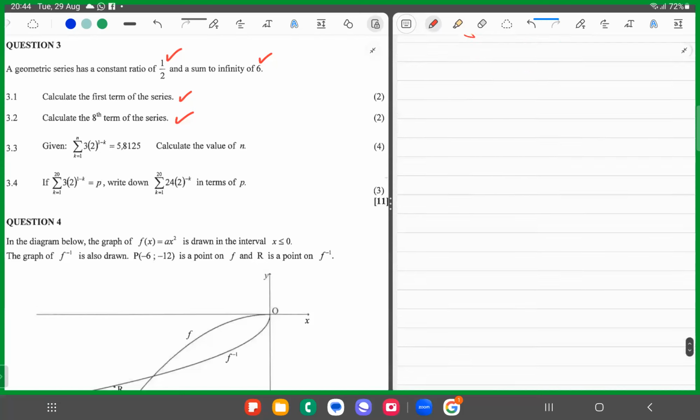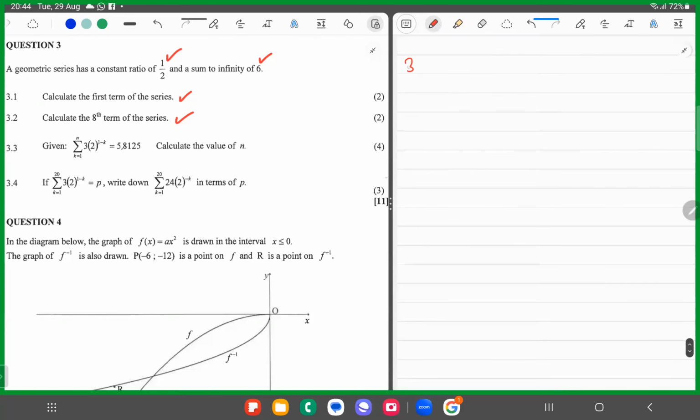Now, in the next one, we're looking at 3.2. In 3.2, calculate the eighth term of the series. That's what we want, the eighth term of the series. So for the eighth term, we use the formula A r to the n minus 1. We know very well that the first term is 3.